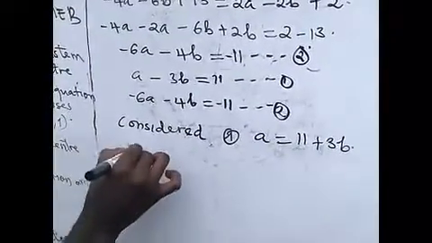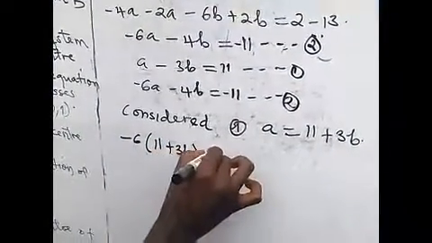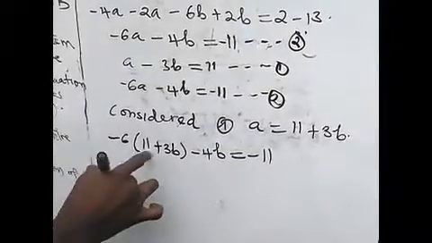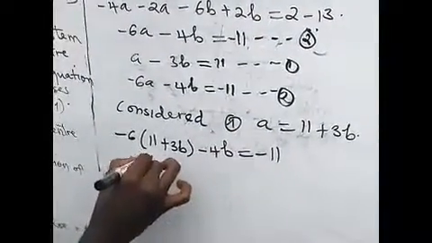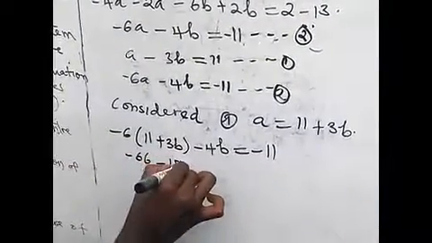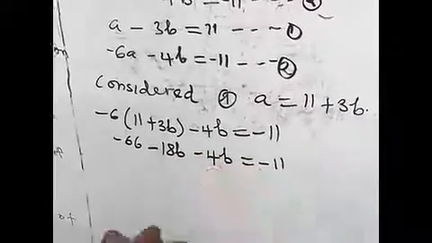So we are going to have minus 6 into (11 plus 3b) minus 4b equals minus 11. So minus 6 times 11 will give us minus 66, and minus 6 times 3b will give us minus 18b. So we have minus 4b equals minus 11.